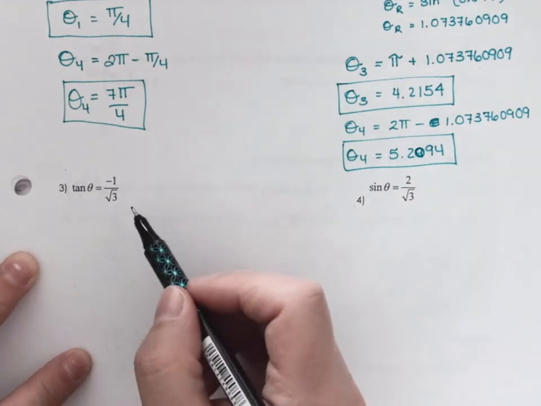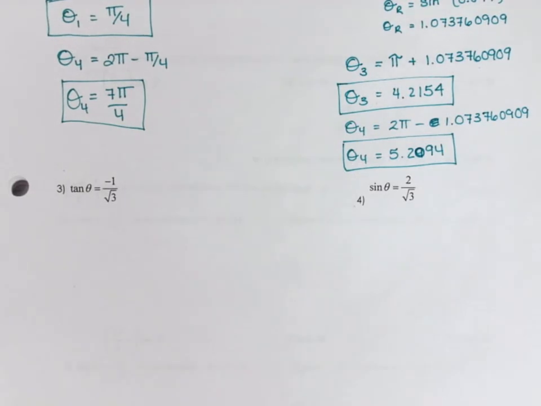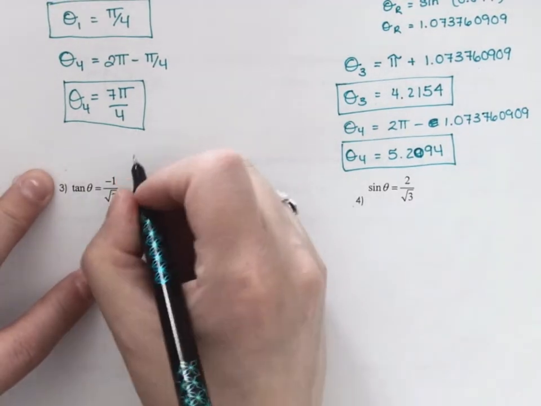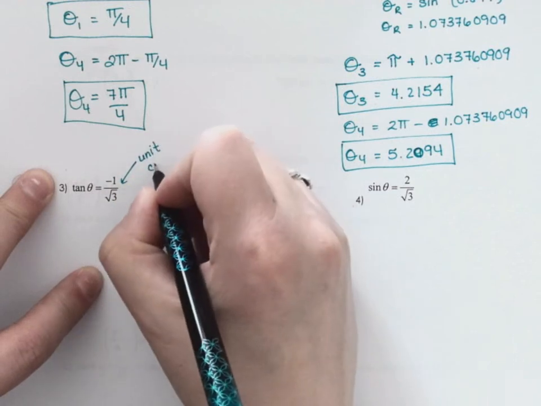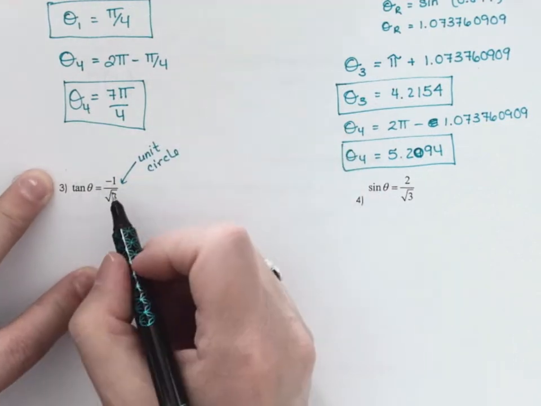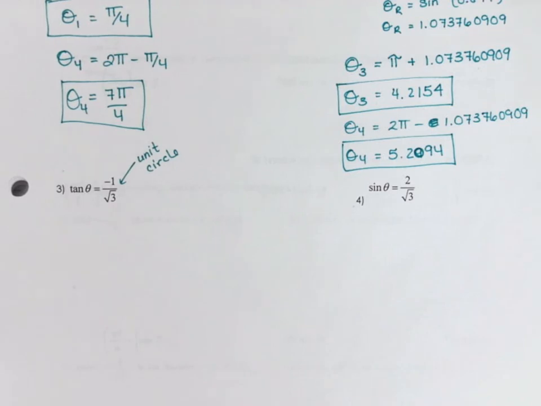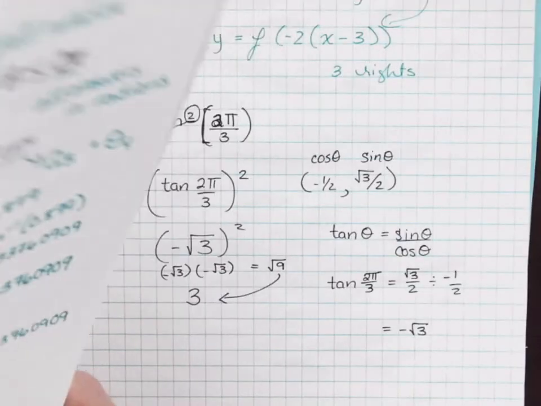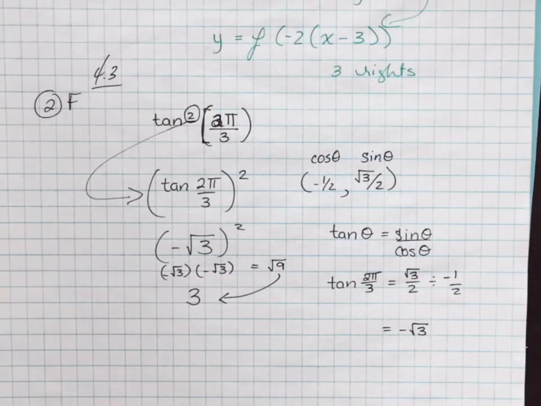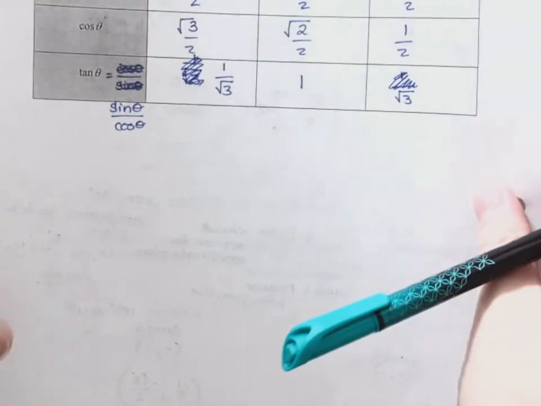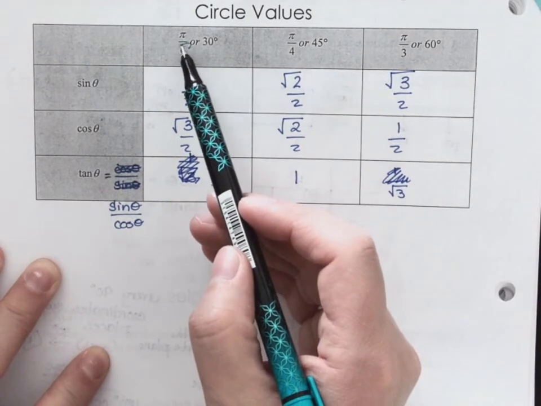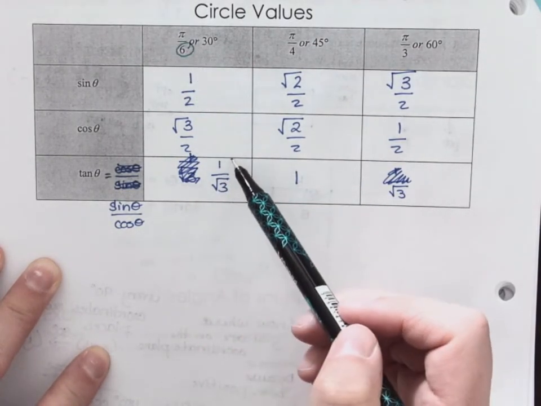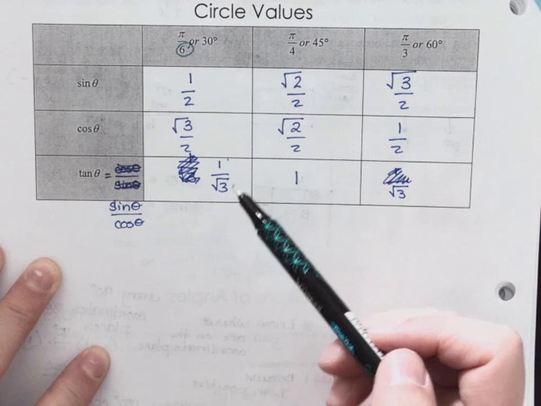The reason why it excites me is because it's on the unit circle, right? 1 over root 3 for tan is on the unit circle. And if we flip back to the data table, we know that anything with a denominator of 6 is going to be 1 over root 3.